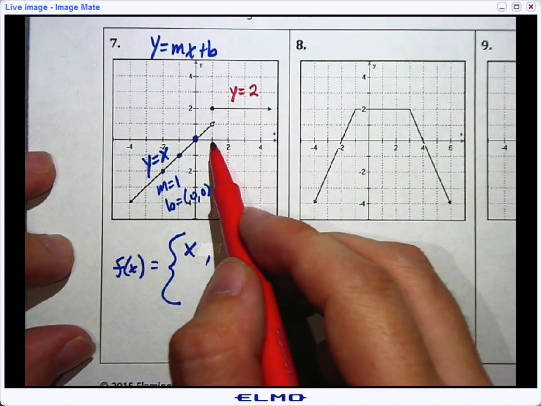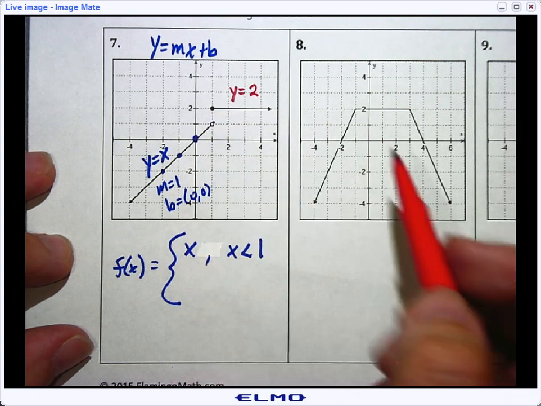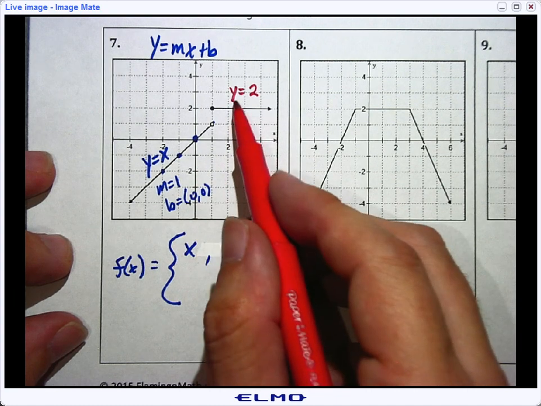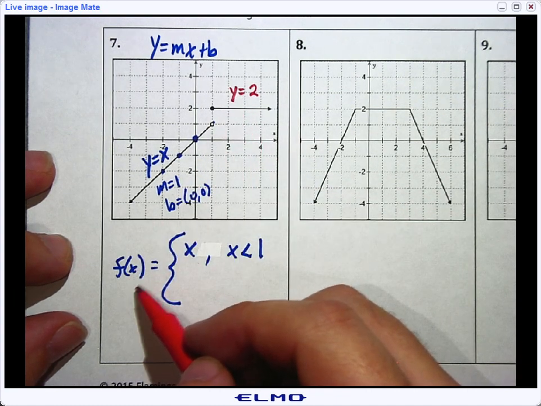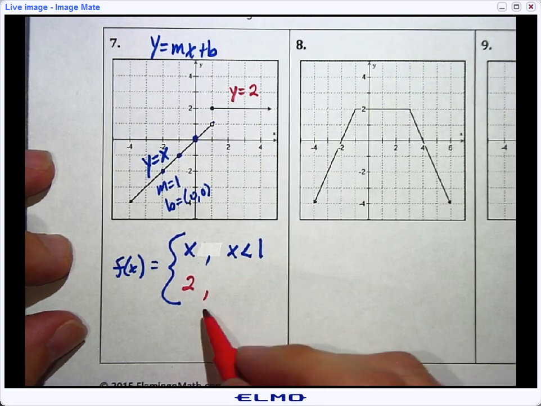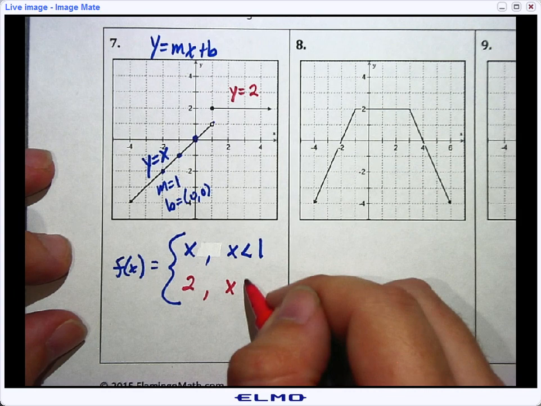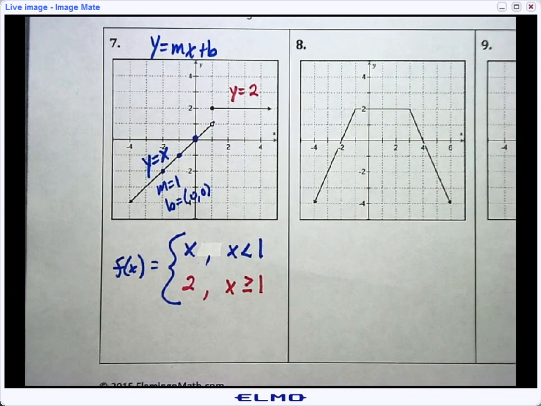Any values that are greater than or equal to 1, since it's a closed circle. Again, we're not going to put the y equals because that's taken care of with this. So I'm just going to put the number 2. When do I use this? When the x is greater than or equal to 1.